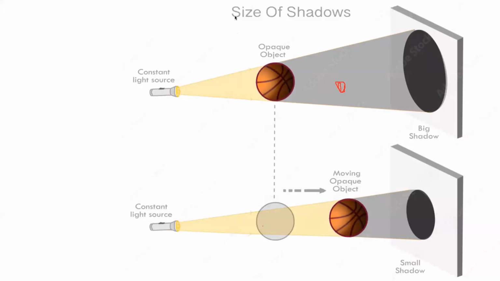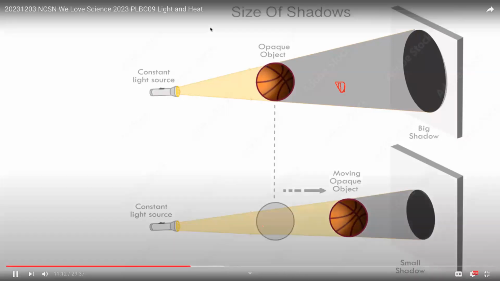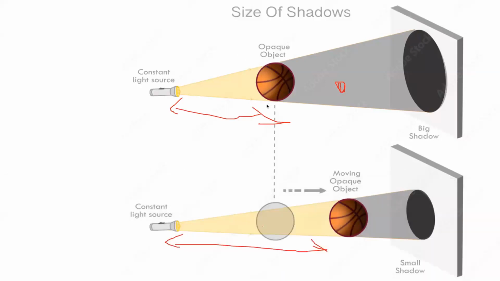As you can see, the distance here is from there to here, but now the distance is from here to here, which is quite further away from the original position. So therefore, the shadow here is smaller than the shadow here. So there is a relationship with the distance.